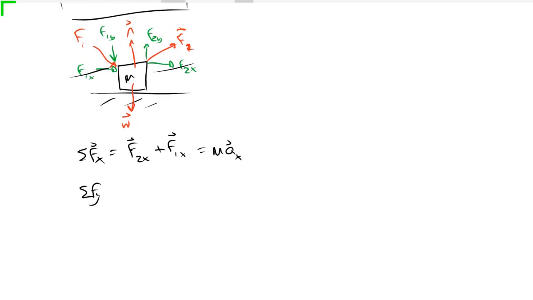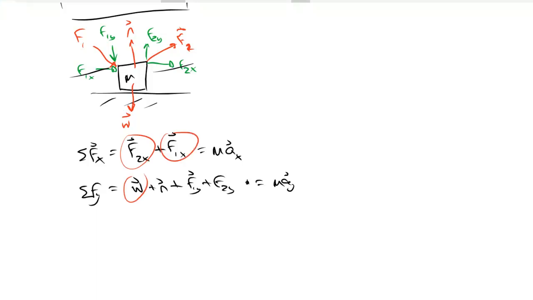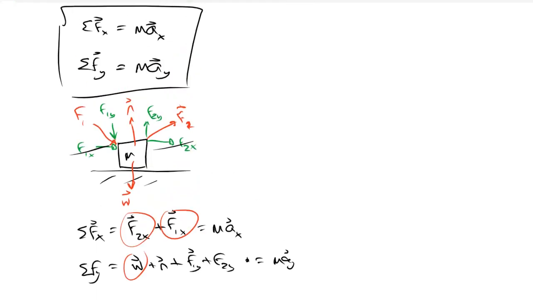The sum of forces in the y direction would be the weight plus the normal force plus f1y plus f2y, which must be equal to the mass times acceleration in the y direction. When we actually plug these in, we'll be careful with our sign conventions for all of these, positive or negative, but in general, this is the way that we will approach Newton's laws problems.